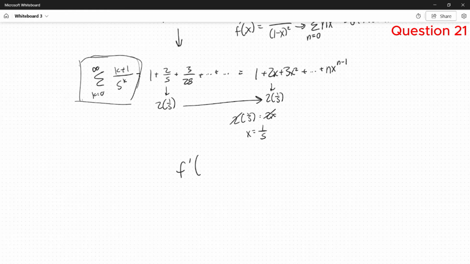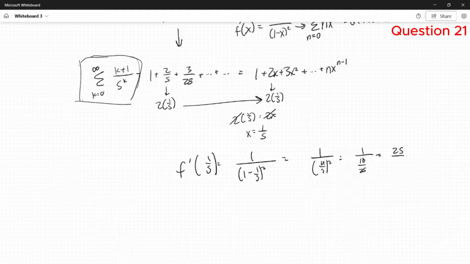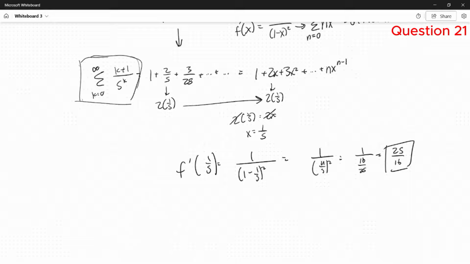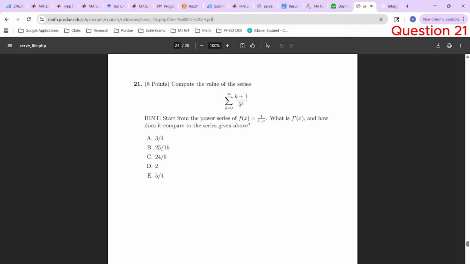F prime of 1/5 is equal to 1 over 1 minus 1/5 squared equals 1 over, what is that, 4/5 squared equals 1 over 16/25, which then becomes 25 over 16. That would be the sum of this series S. Is that an answer choice here? Let us see. Yes, that would be answer B.